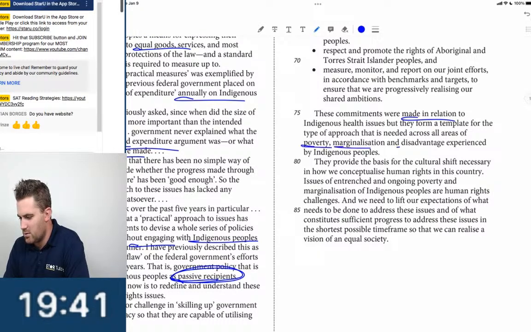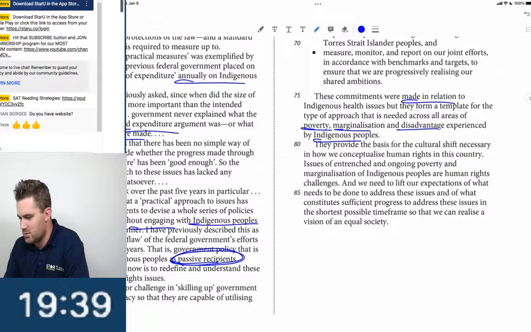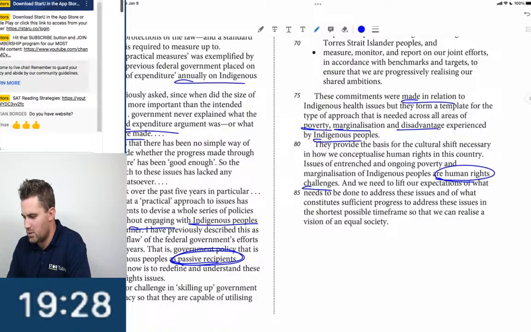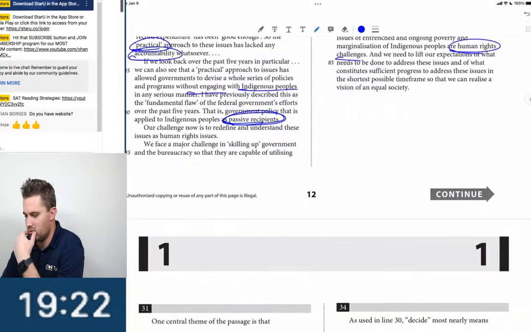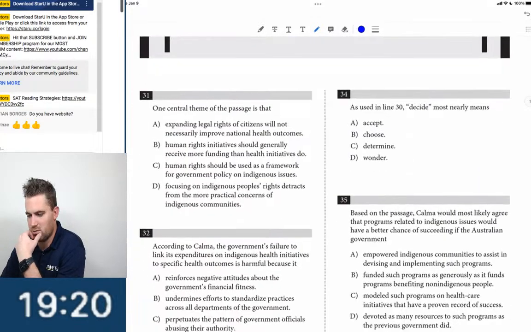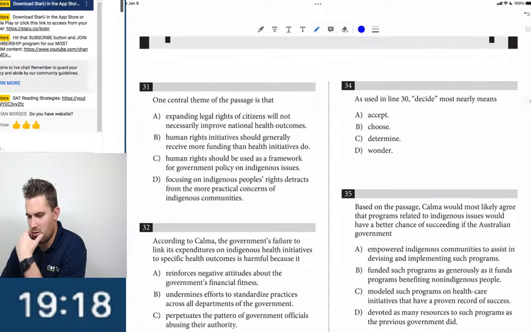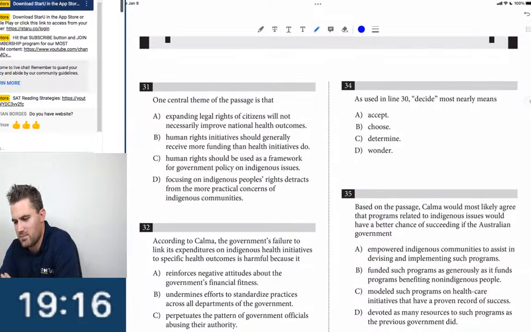Poverty and marginalization. Okay, so I think I understand. One central theme of the passage is explaining the racism and national health outcomes.